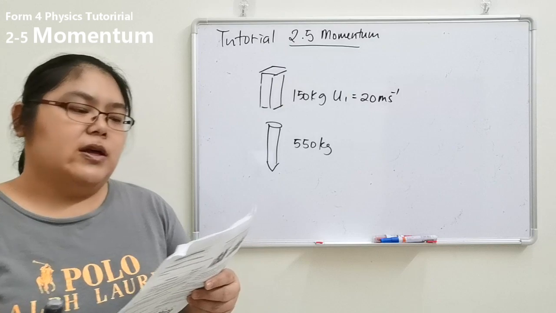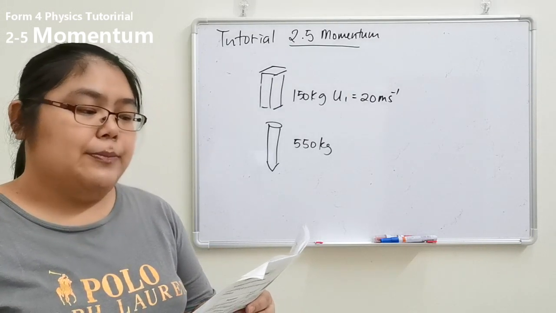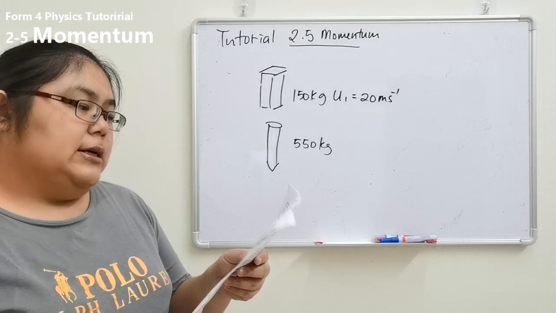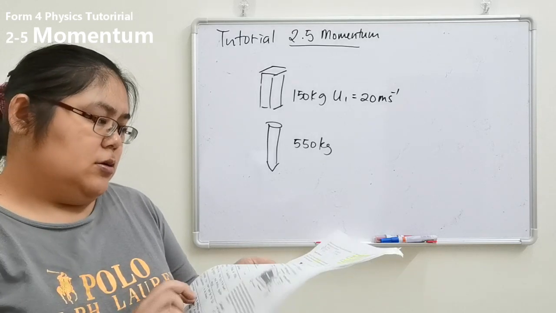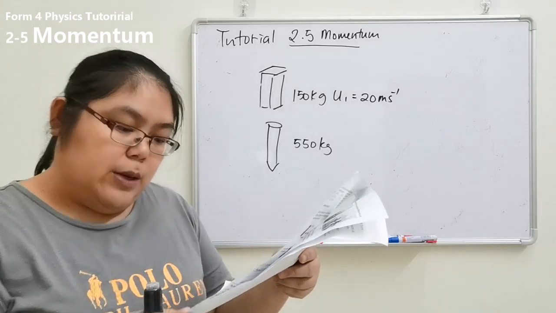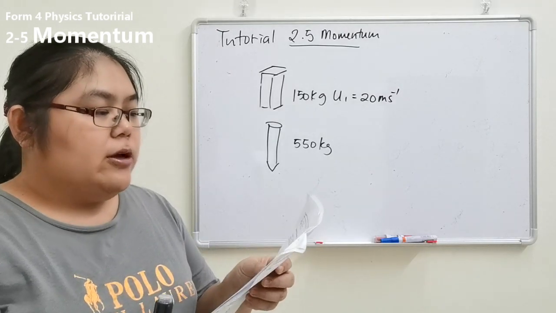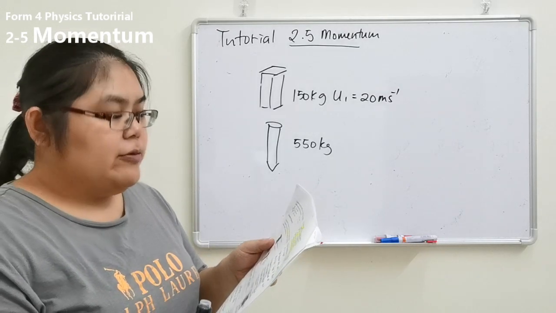Okay, determine the velocity of the foundation pile immediately after being hit by the pile driver. Okay, we see the question first. They move together after hitting. Then determine the velocity of the foundation pile.